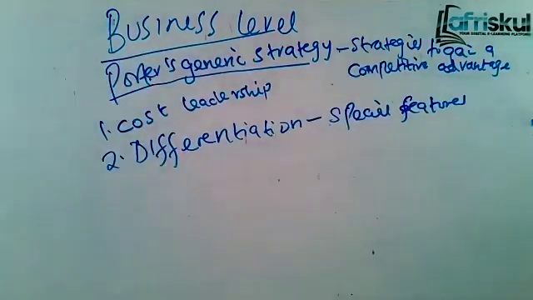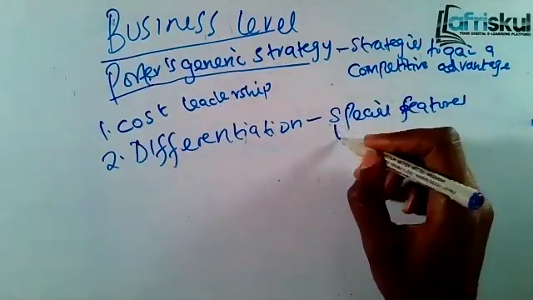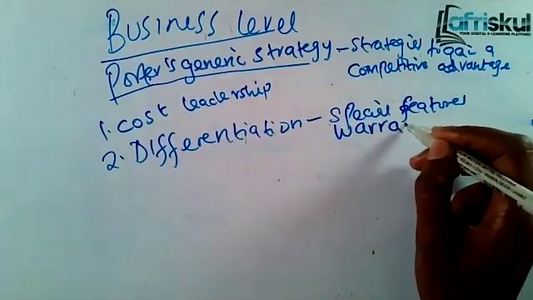And how do we achieve differentiation? We achieve differentiation in many ways. For instance, let's look at the Oppo phone. People prefer it because of the camera. It has a very nice camera. So you can achieve differentiation by having special features. You can achieve differentiation through warranty.